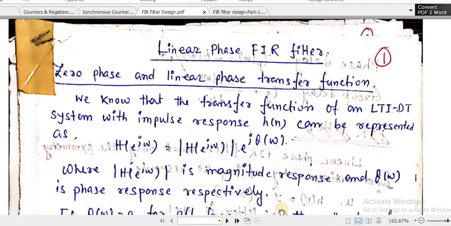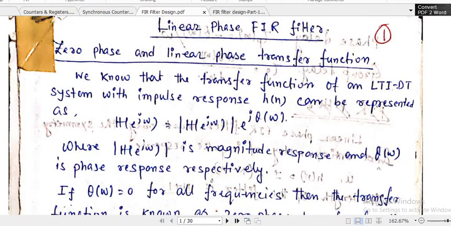Now, what is the linear phase actually? This equation basically defines H(e^jω), which is the transfer function of an LTI discrete time system whose impulse response is h(n).